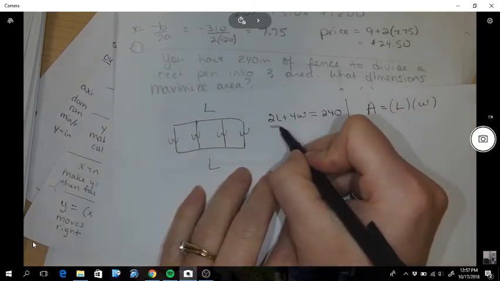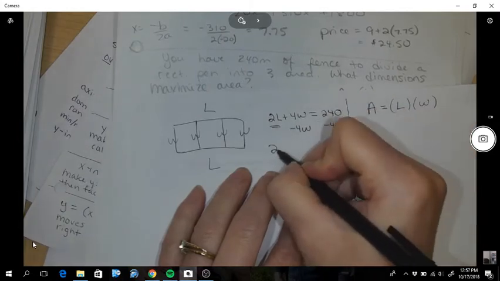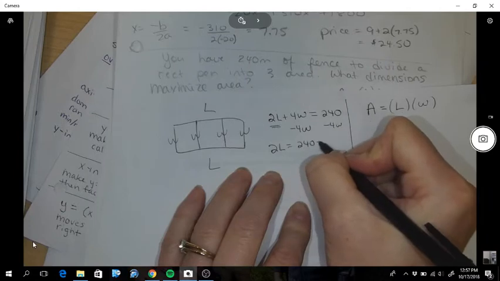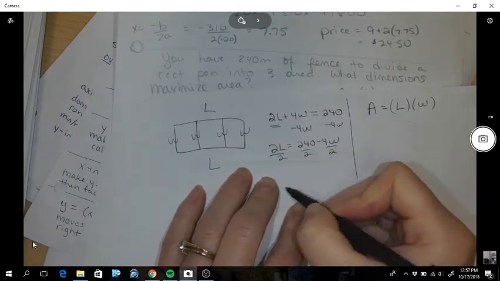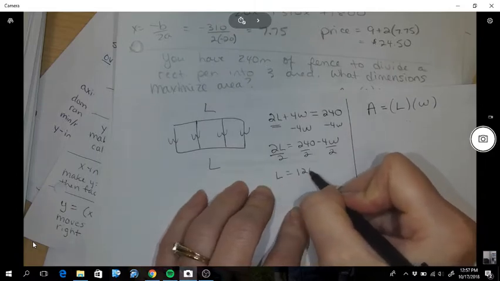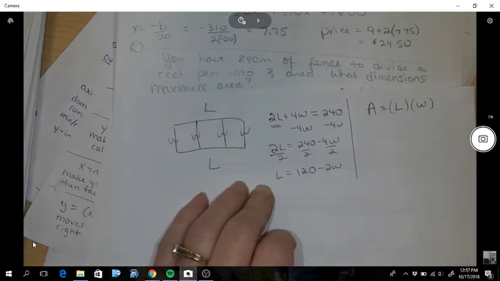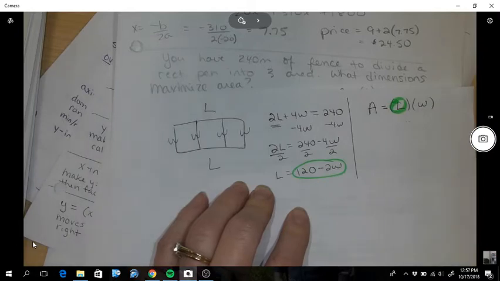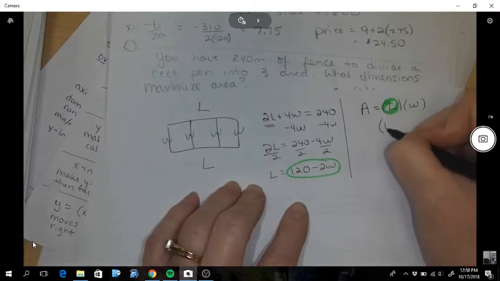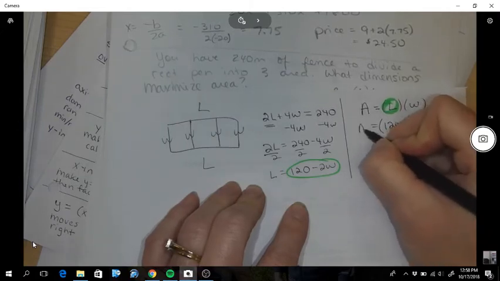I'm going to try to isolate my L. Minus 4W, so 2L equals 240 minus 4W. Divide by 2. L equals 120 minus 2W. Now this can go into the spot for the L, because it can replace, right? It's a substitution. So 120 minus 2W times another W.